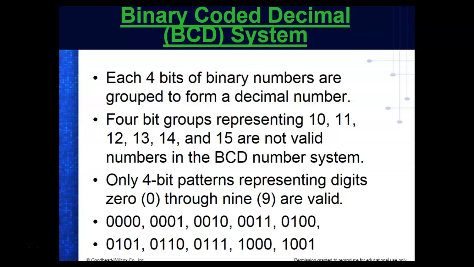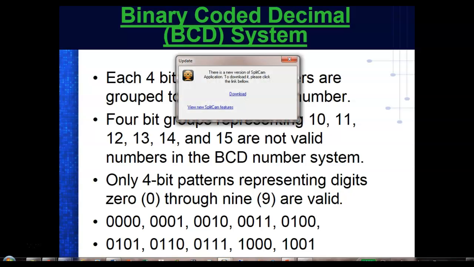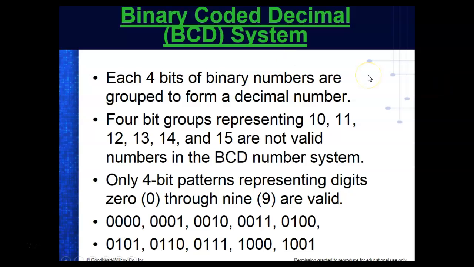So with 4 bits of binary, I can represent 16 combinations. BCD sacrifices 6 of those combinations.